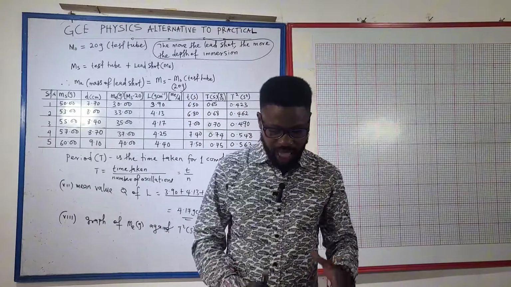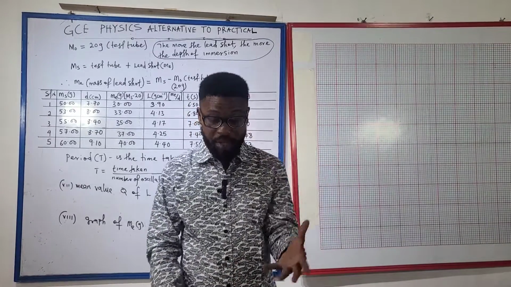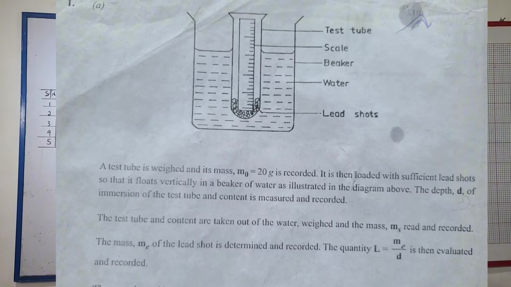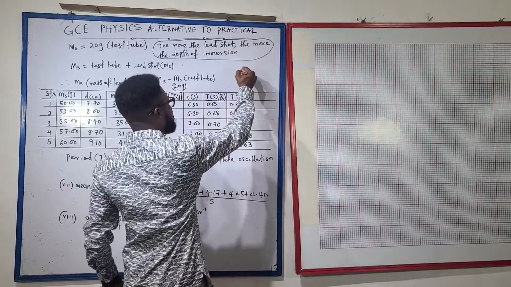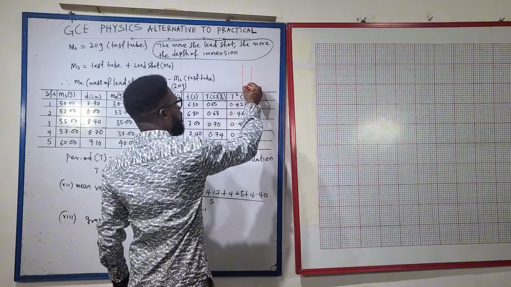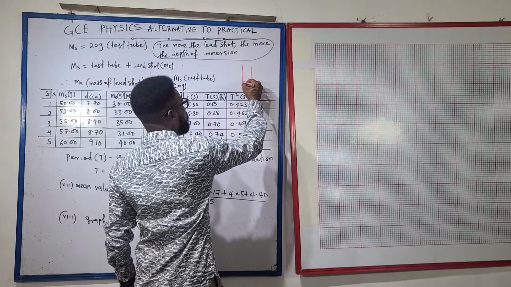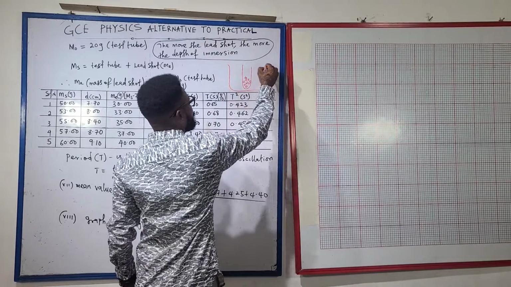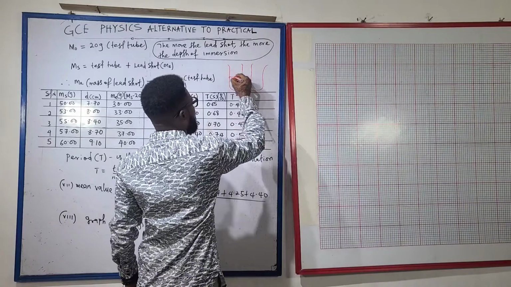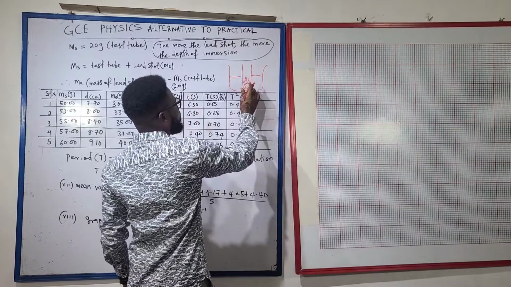The experiment we have today for you, which is a probable question in this GCE, is about a loaded test tube. A loaded test tube, let's say this is a test tube with something like stones. We call this lead shot, immersed in water. Let this be water.